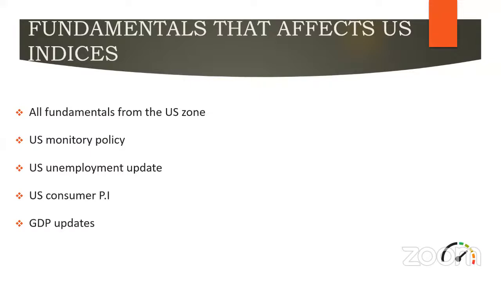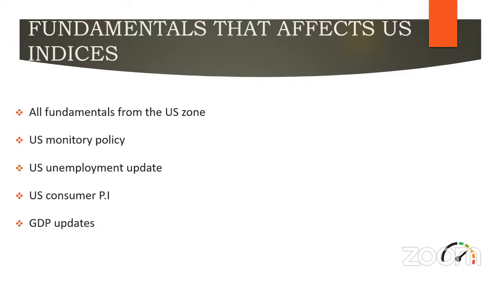If stocks are strong, if the index market is strong, if people have more confidence in stocks, they will sell their dollar and buy stocks. So the dollar will be weak. But if people have more confidence in the dollar, it will be strong and the index market will likely become weak. The same kind of relationship that the dollar has with gold is what it has also with the US index market. Okay, so that is it.